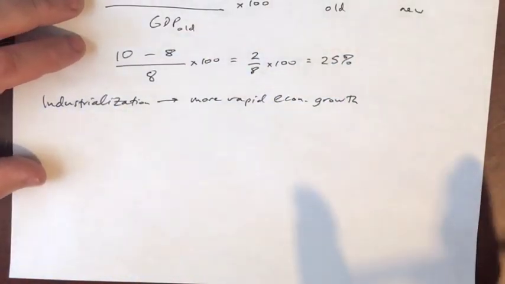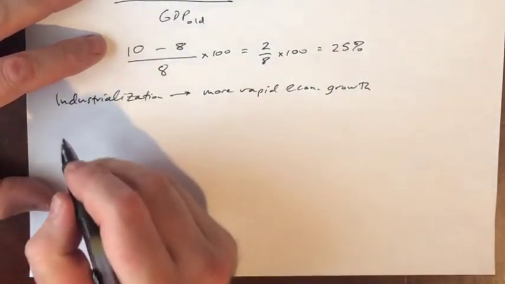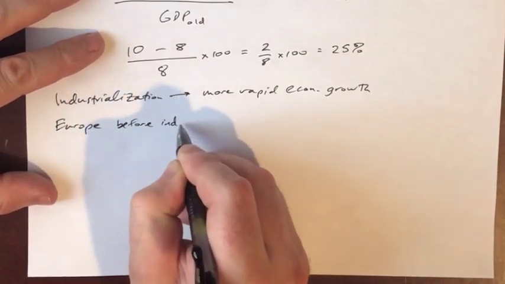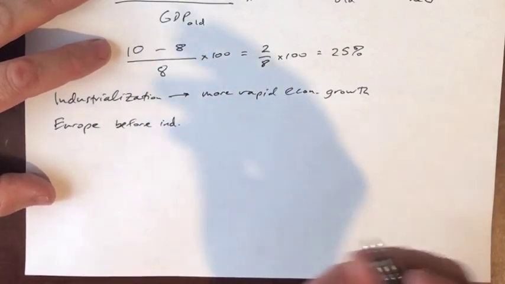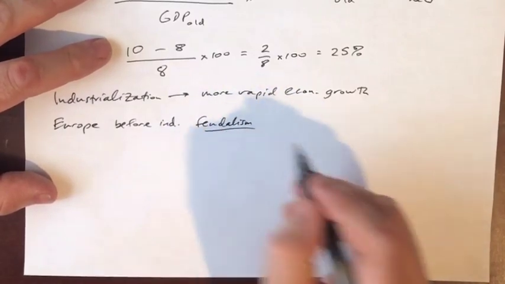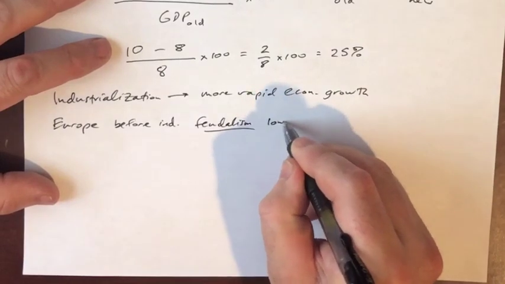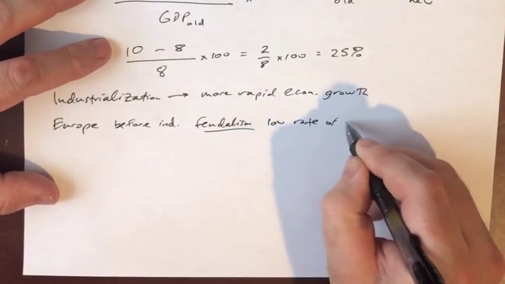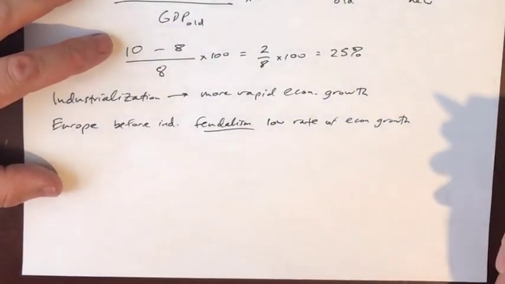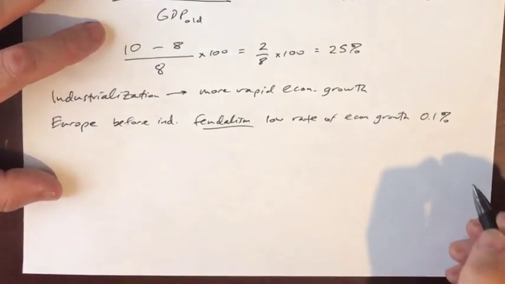Again, the modern statistics are relatively new, but looking back, based on what we know, if we look at Europe before industrialization, during the feudal period, I mentioned that feudalism is a very stable economic system. Feudalism had a very low rate of economic growth. The rate of economic growth in the feudal era is perhaps 0.1%.